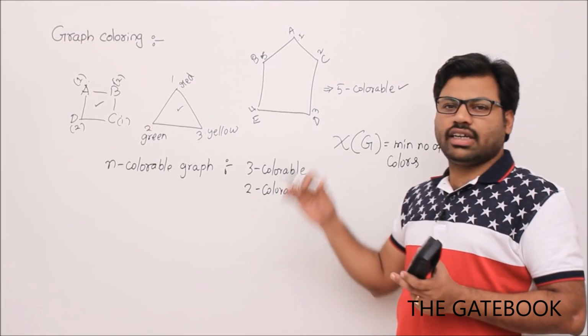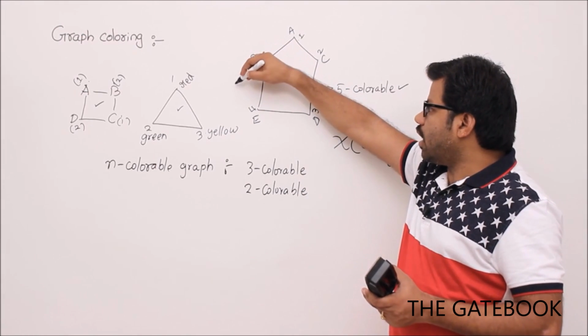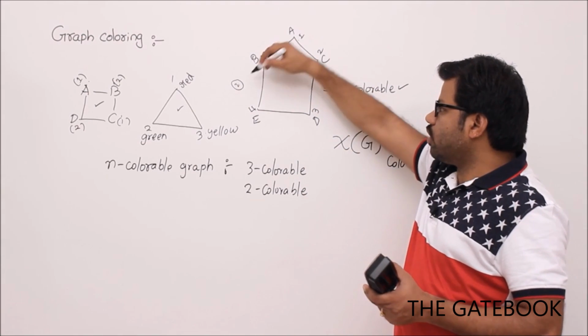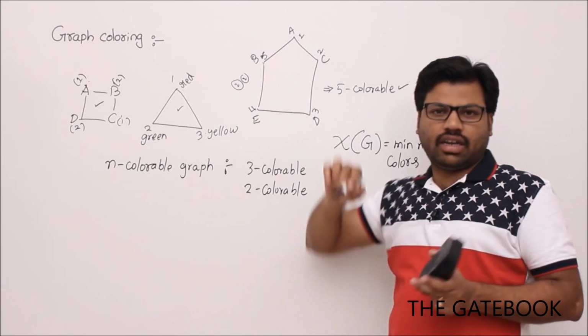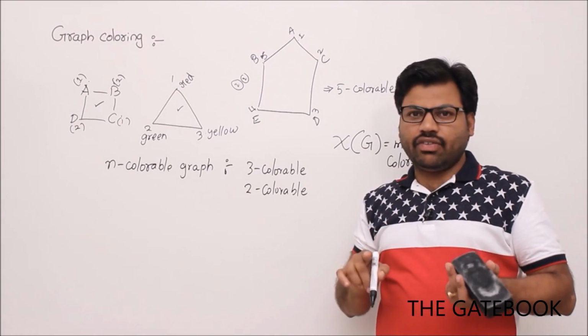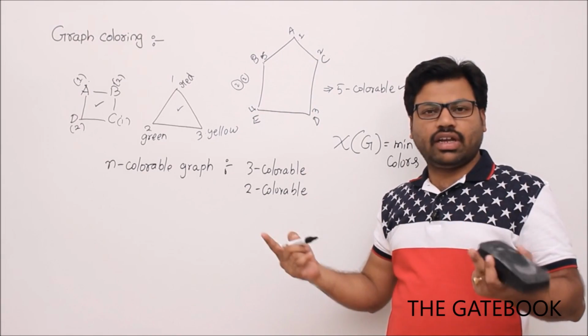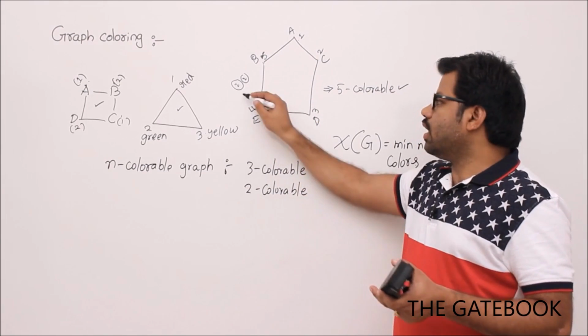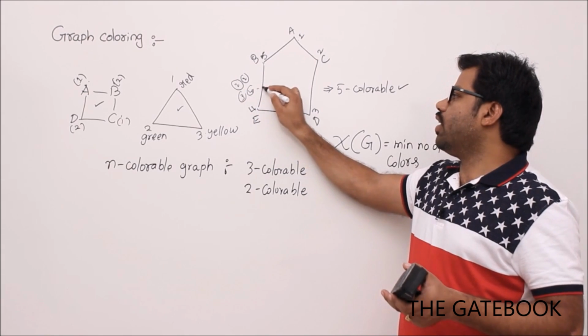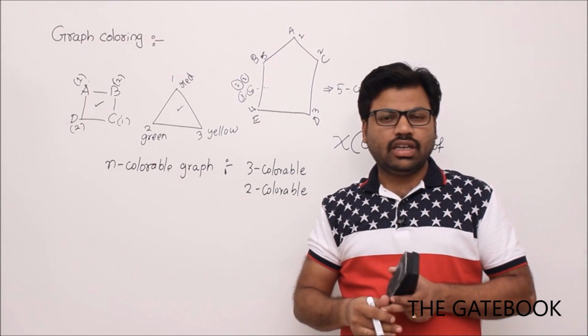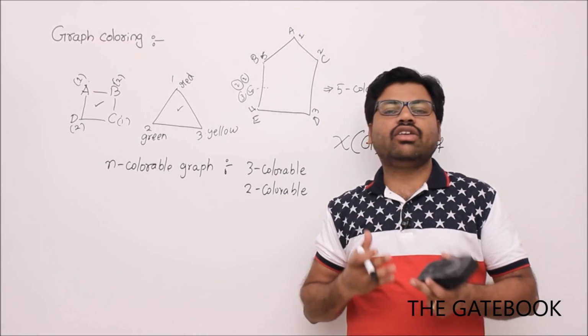Example, if you did not try coloring this graph with 2 colors, then you can't guarantee whether we can do it with 2 or not. That's why we have to try with 2 colors, after that 3 colors, after that 4 colors. In that way we have to try every possibility in the worst case. Then only we can decide.